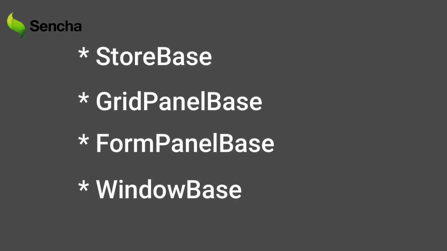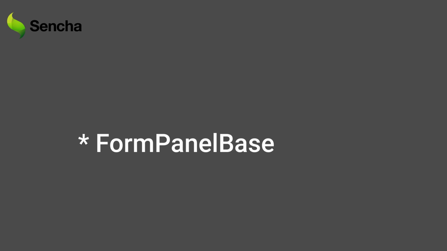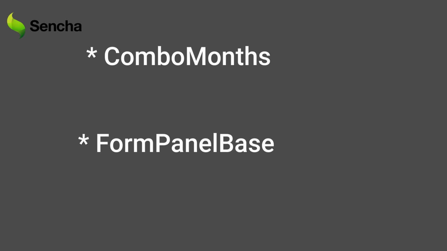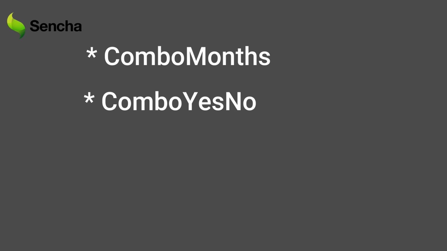We should also include specific, ready-to-use components that already contain pre-made behaviors. For example, combo months predefines the 12 months of the year. Combo yes, no, a boolean combo with two values, yes and no, which can later be changed to active, inactive, or accept, reject. It has many applications.